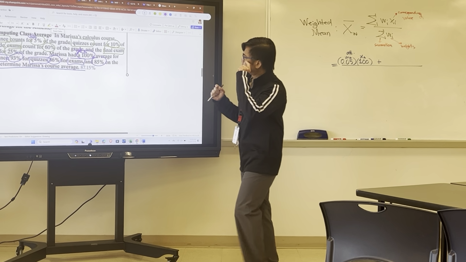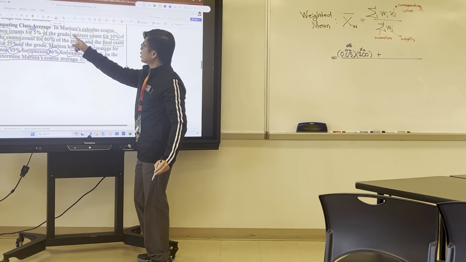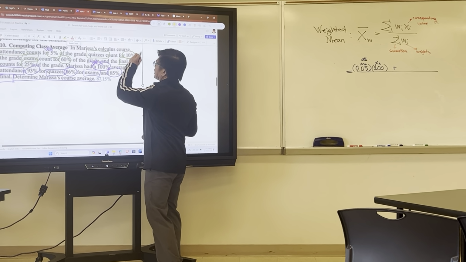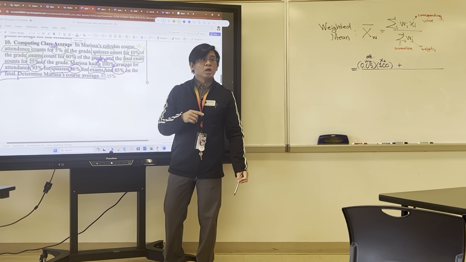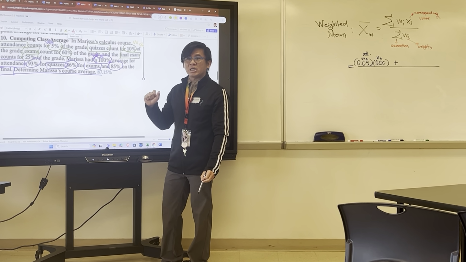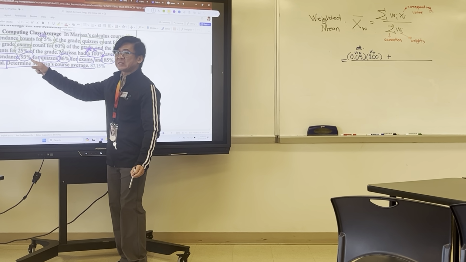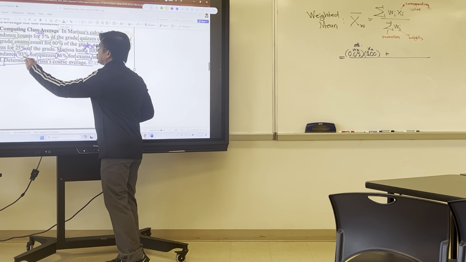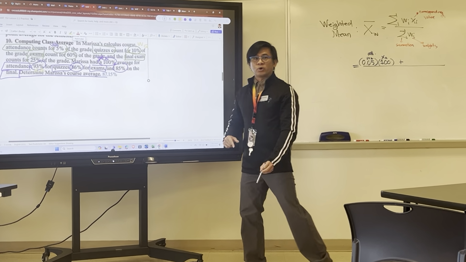Next one. It says in here, for the quizzes, how much is the quizzes? It accounts for, let's call it WQ, the weight of the quizzes will be 10%. And what's the grade for the quizzes? 93%, so that's your XQ, let's call it Q for quizzes.